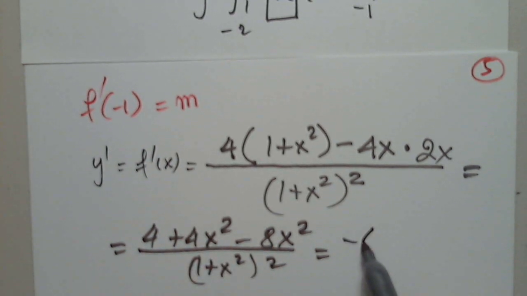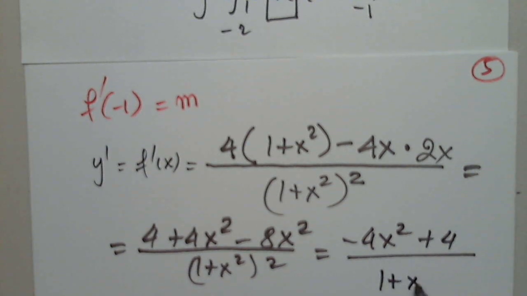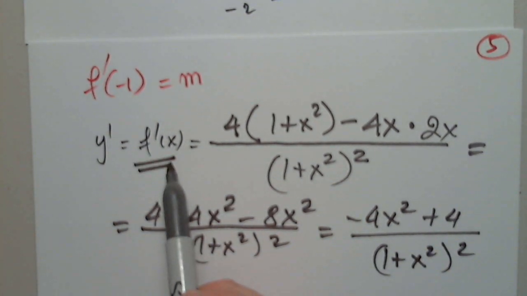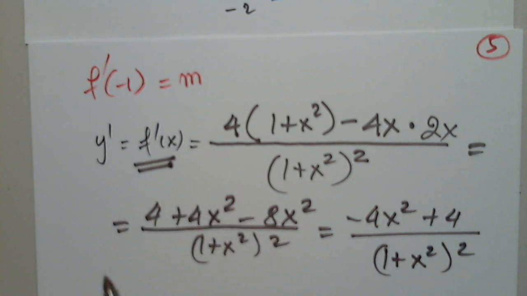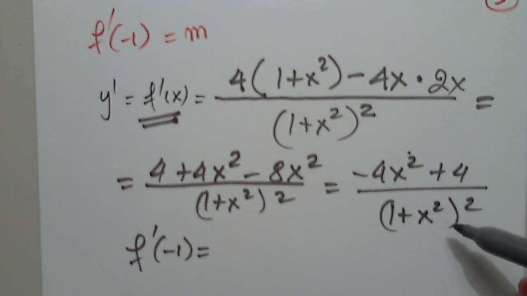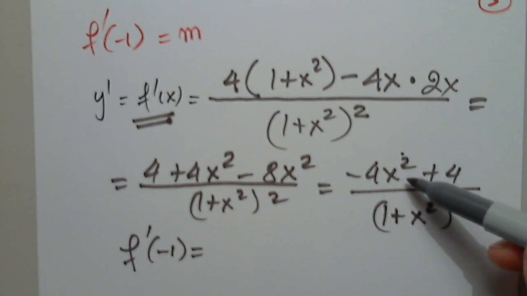These two, -4x squared and plus 4, divided by 1 plus x squared squared. I have the derivative function. Now I have to plug in -1 to find the slope. So when I plug in -1 here, this doesn't change, it's still 1, because it's -1 squared.